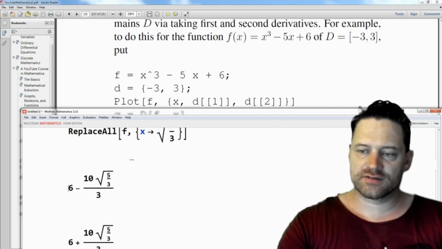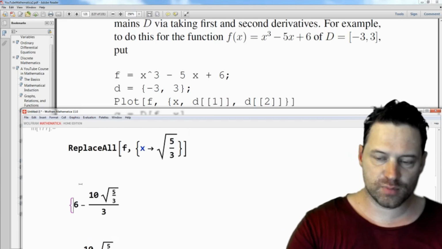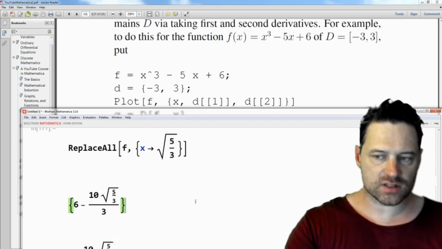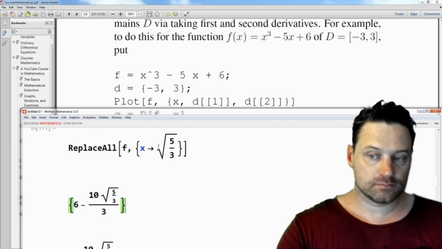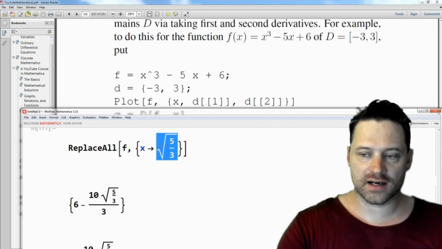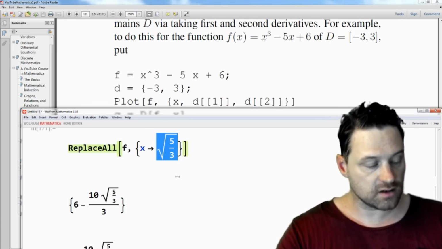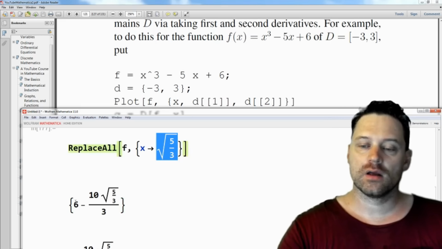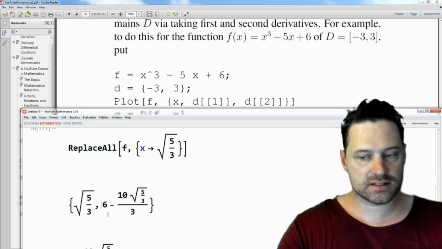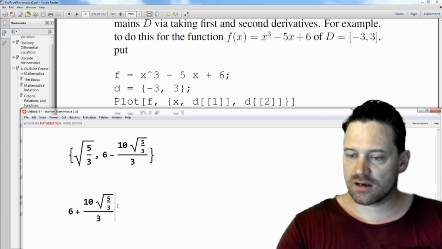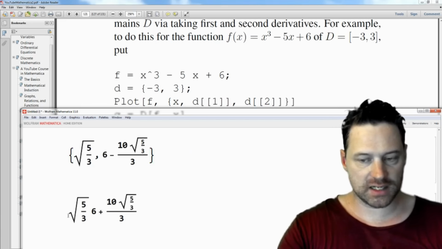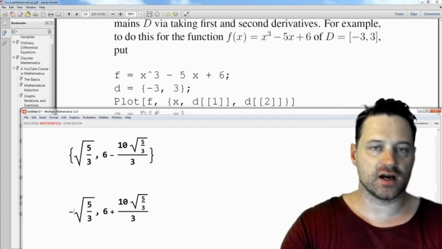All right, so this gives us 2 points where we have possible max or min. We've got to find out whether or not those are maxima or minima. Okay, so copy this, paste. And then for this one, we had minus square root of 5/3.